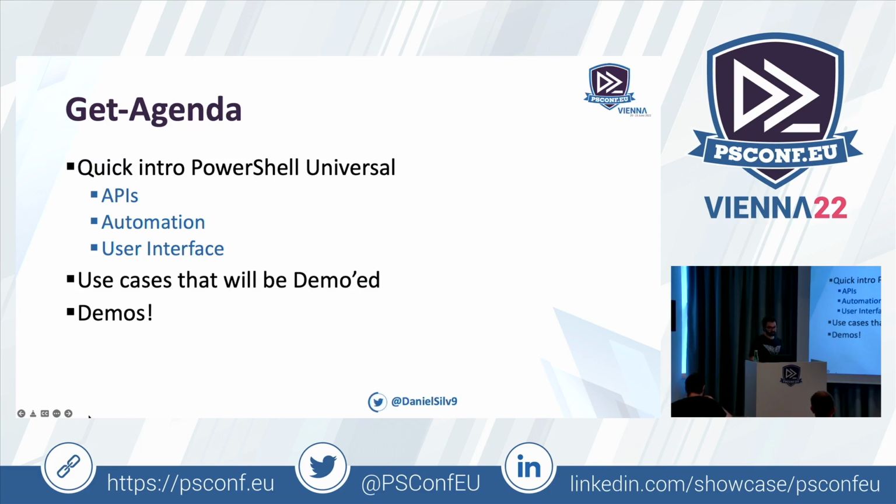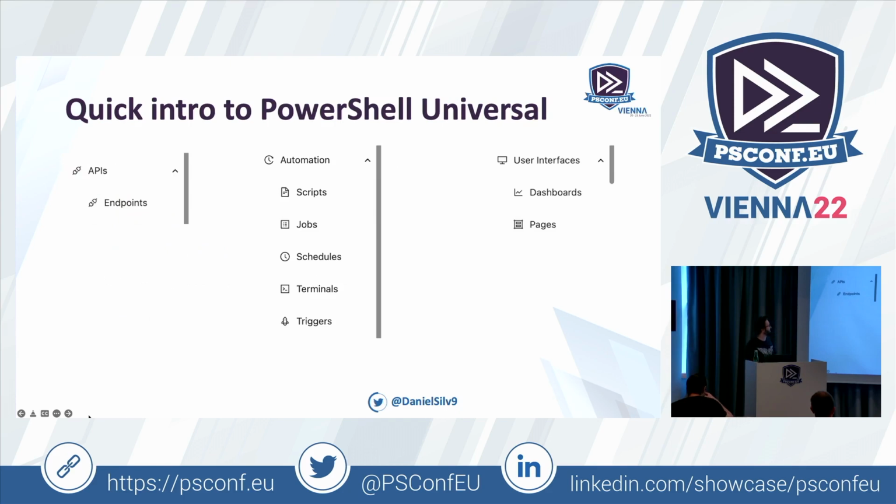A quick introduction. We'll be seeing this on the web page, but we have, as I said, three major components. For those of you who want quick context, PowerShell Universal came a long way. As far as I remember, it started with PowerShell Universal Dashboard, and then it evolved into more components such as automation and APIs. Adam spoke about it yesterday, so if you watch the session, you can get the scope of the whole idea on how it evolved.